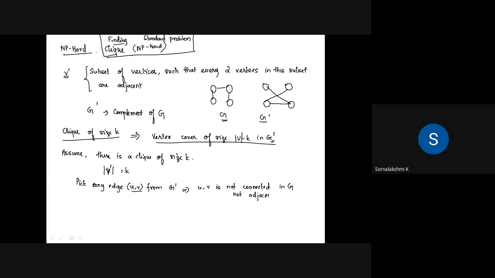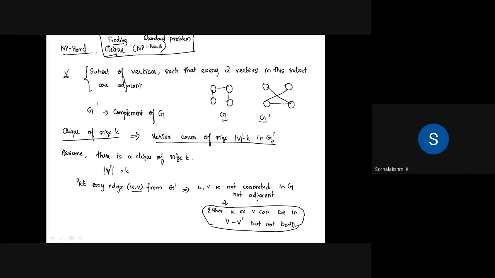If they are not adjacent, be very careful, what does that mean? Either U or V can be in V minus V dash, but not both. This is a very important thing. If you understand this, that's it. Either U or V can be in V minus V dash, but not both.